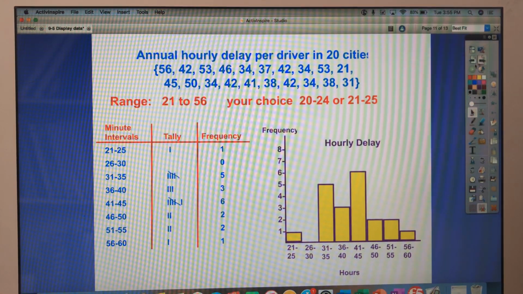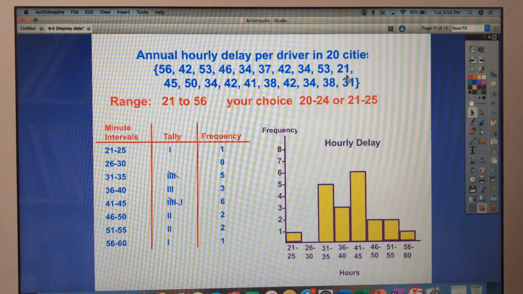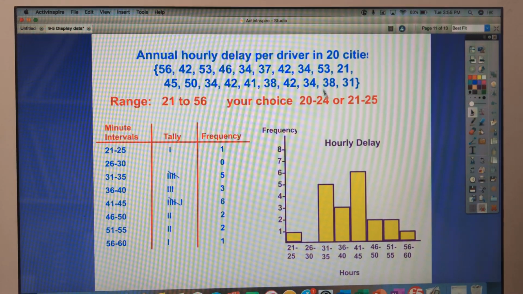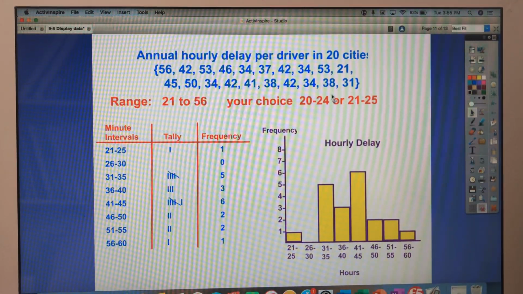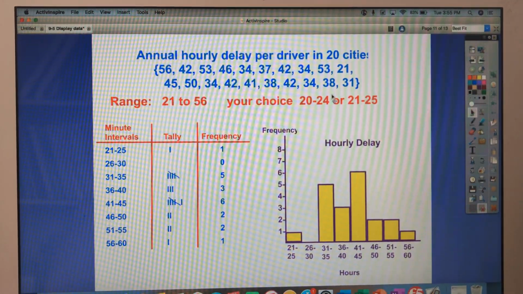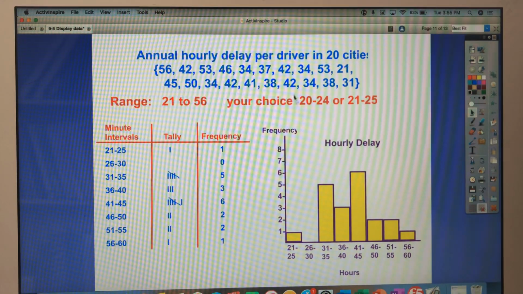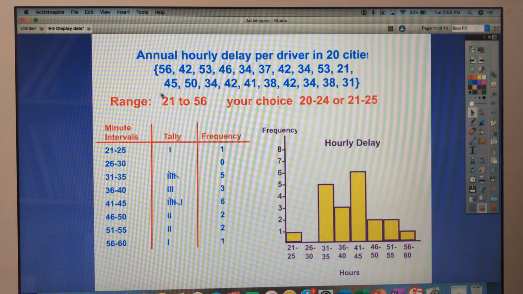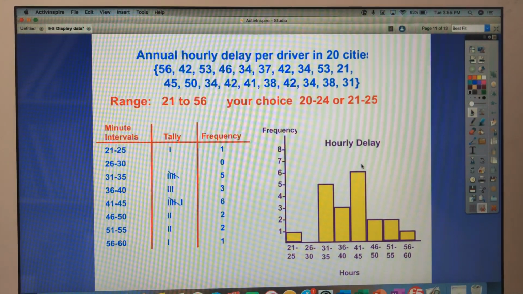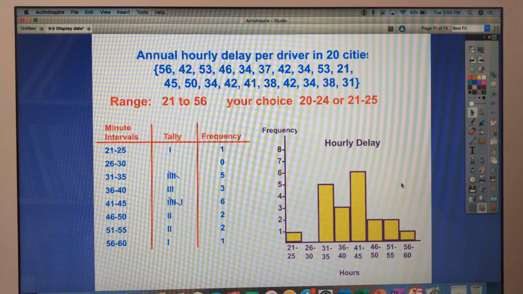Annual hourly delay per driver in 20 cities. Here is another example for you, but this time I've given you the answers. I wish this was on a separate slide, but I did not realize this was coming. I don't have my screen to black it out.